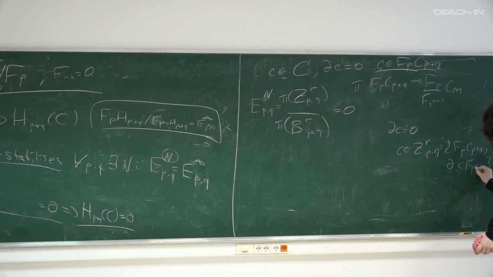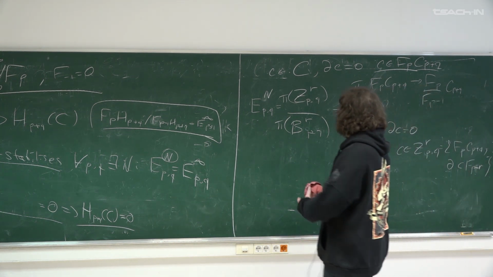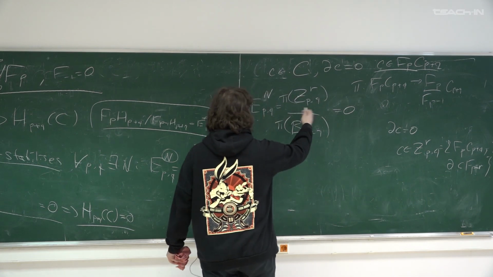Okay, that's increasing, p minus R. Because our C is a real cycle, of course it's an R-cycle. So we obtain that it's 0.